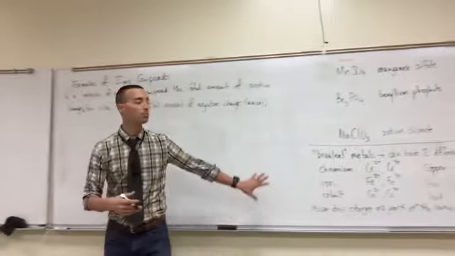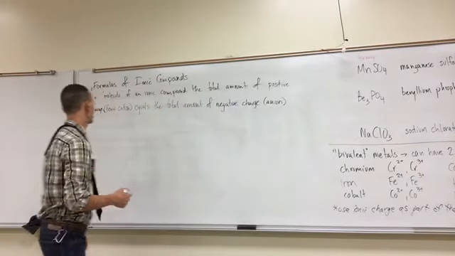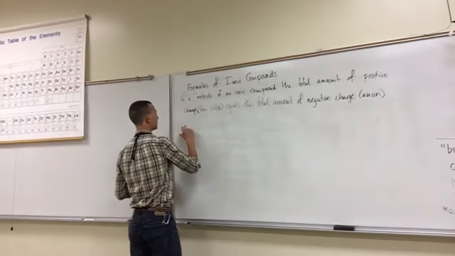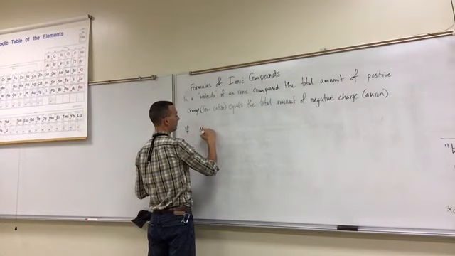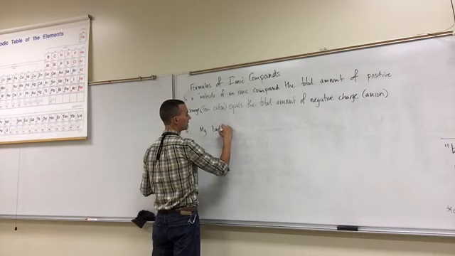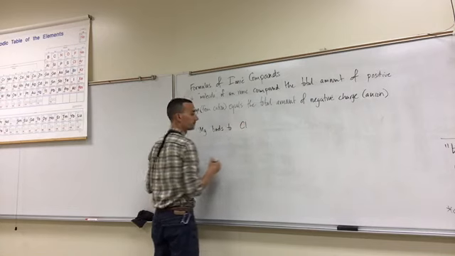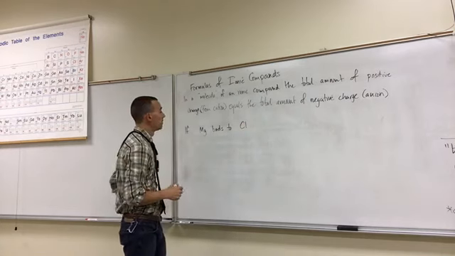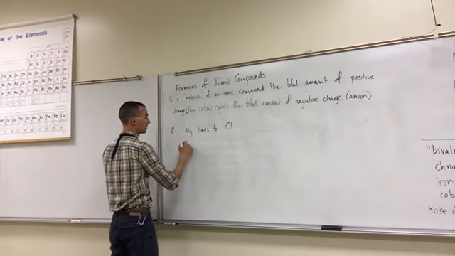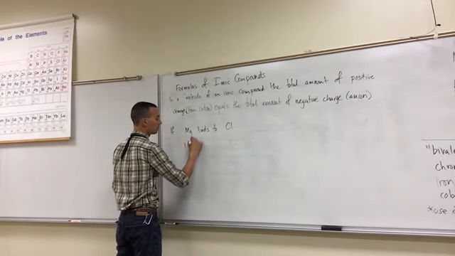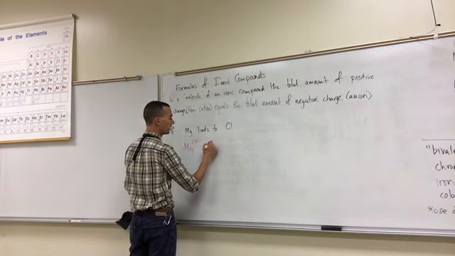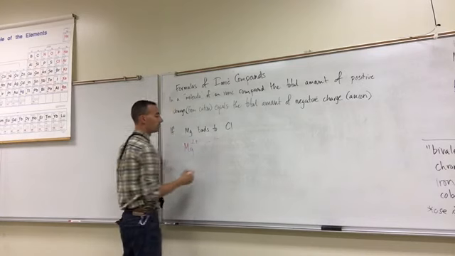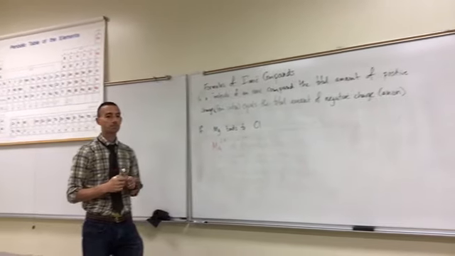So excluding these bivalent compounds for a second then, if, let's say, magnesium bonds to chlorine, magnesium forms a 2+ ion. Chlorine forms a 1- ion.